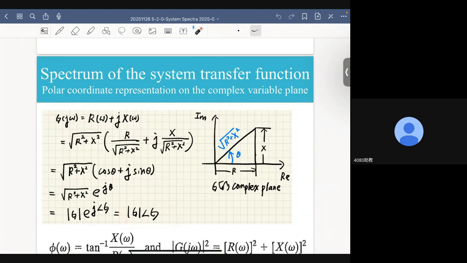Because if you forgot what we are doing here, when I write a transfer function in this format, it can be very confusing. You probably don't know where they come from.